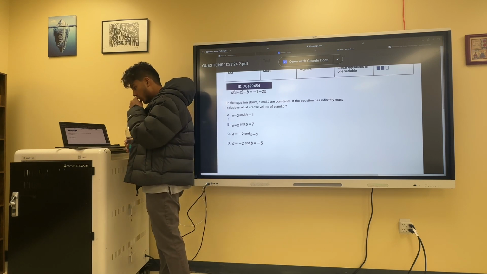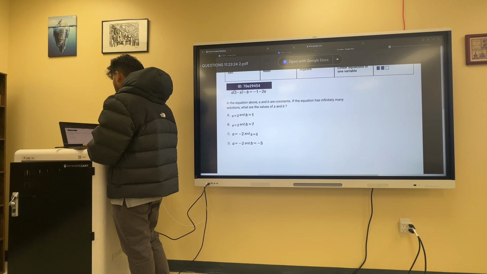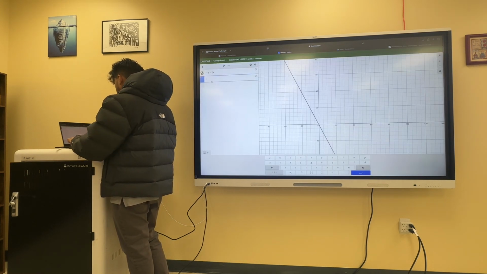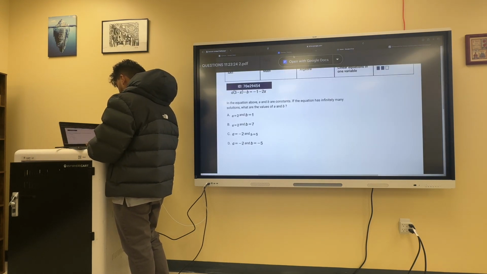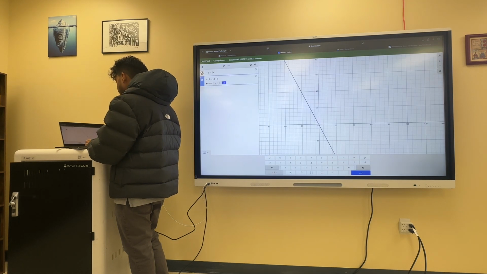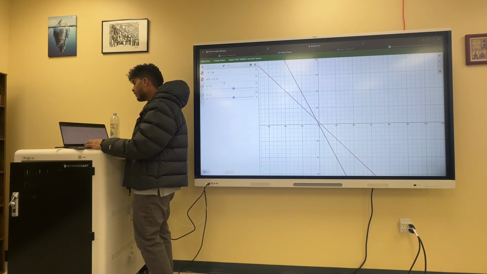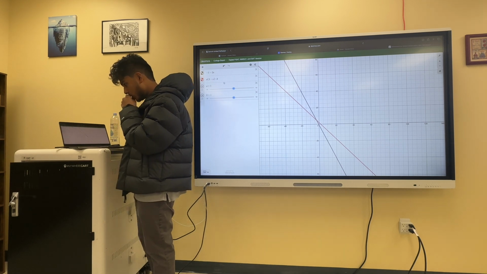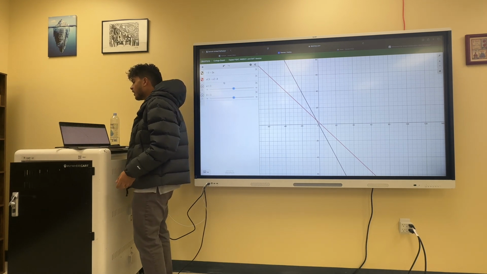Okay, so all I'm going to do is set this up, a(3 minus x) minus b. I'm just going to type this in. Okay, and it says here that I can add sliders to define what a and b are equal to, because it's not going to know what a and b equal.